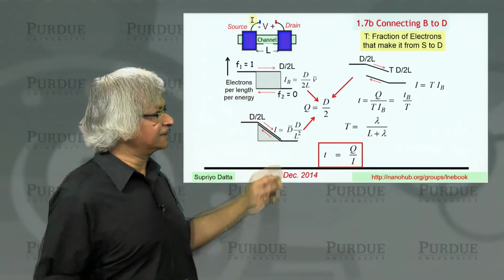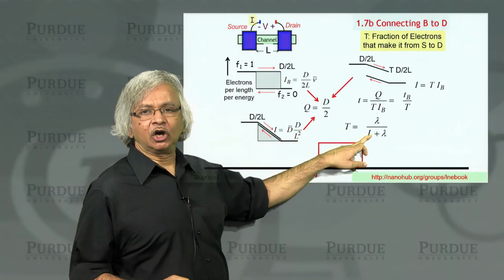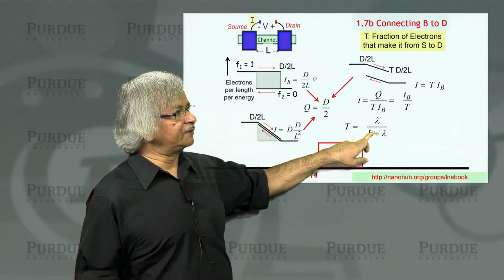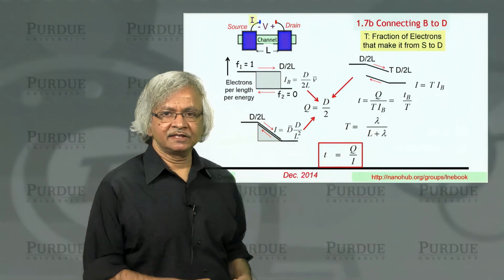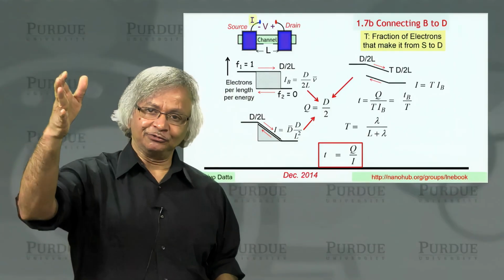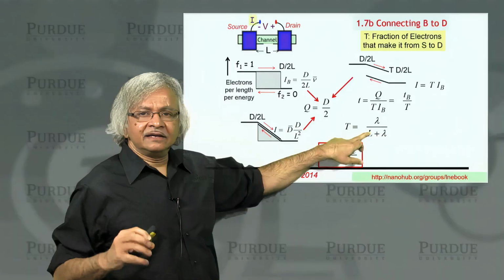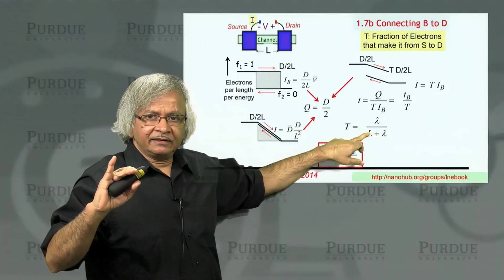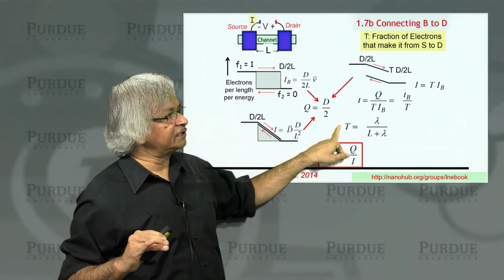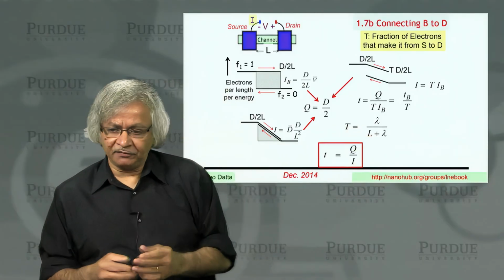When the length is really short compared to a mean free path, I can drop the length, so that T is 1, which means 100% of all the electrons get through for a short channel. When the length is approximately 1 mean free path, if I put L equal to lambda, I get a T of half. So you could say that's the way I'll define my mean free path.